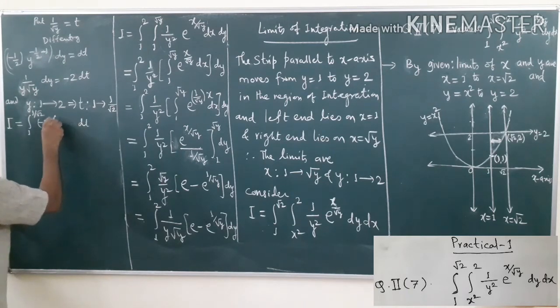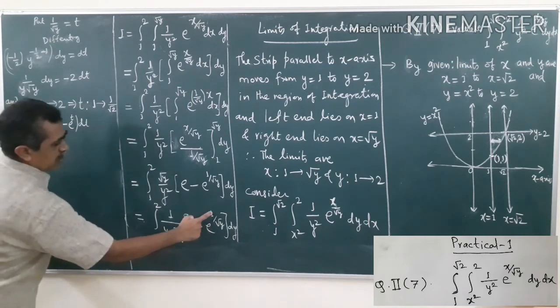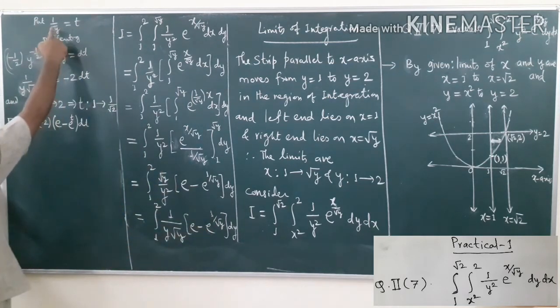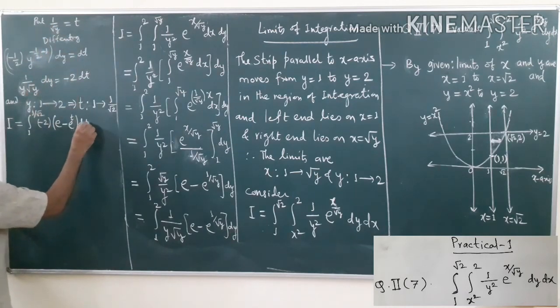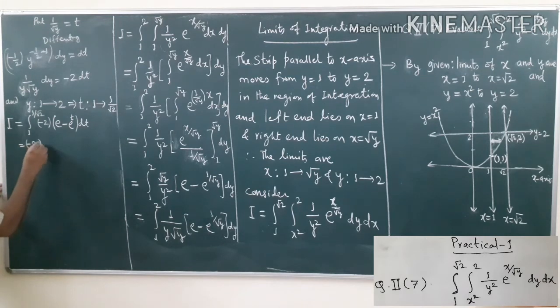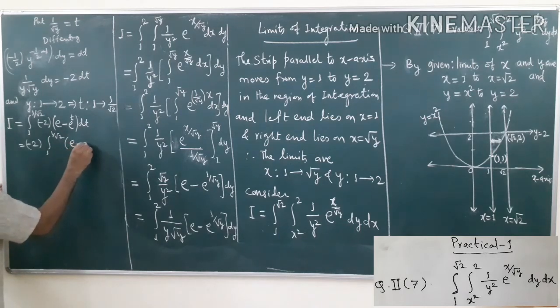And the integrand becomes e minus e raised to 1 upon root y, which is t, dt. So, take this minus 2 outside: minus 2 into integral 1 to 1 upon root 2 of e minus e raised to t dt.